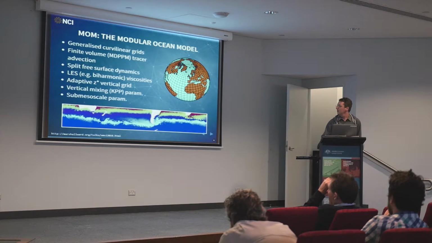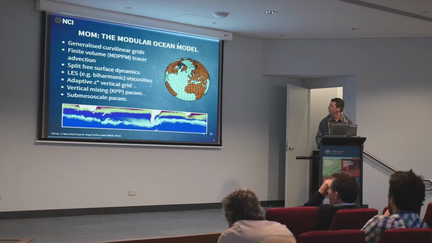And the model that's been kind of the most prevalent at NCI, at least recently, is the Modular Ocean Model out of GFDL, which we have pretty good relationships with and been collaborating with in some ways. It's a pretty fancy model. It supports generalized grids. This is the tripolar grid. It's actually an Australian contribution out of Uni Melbourne, Ross Murray.